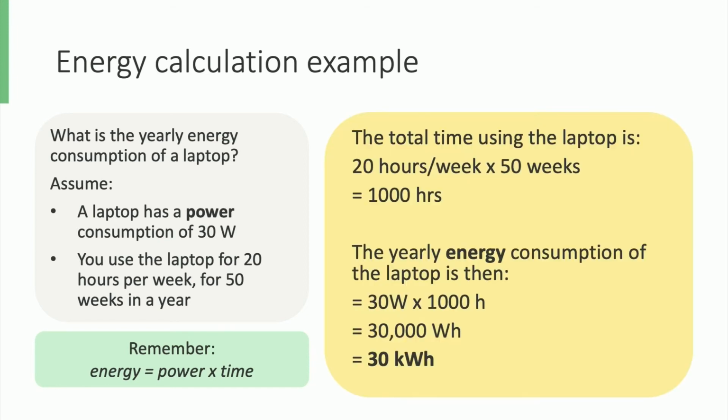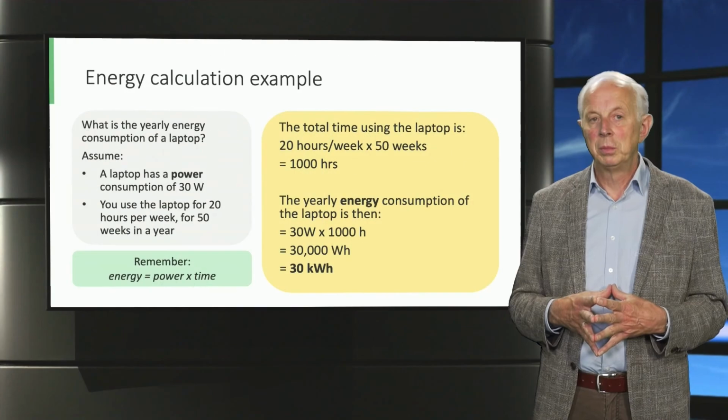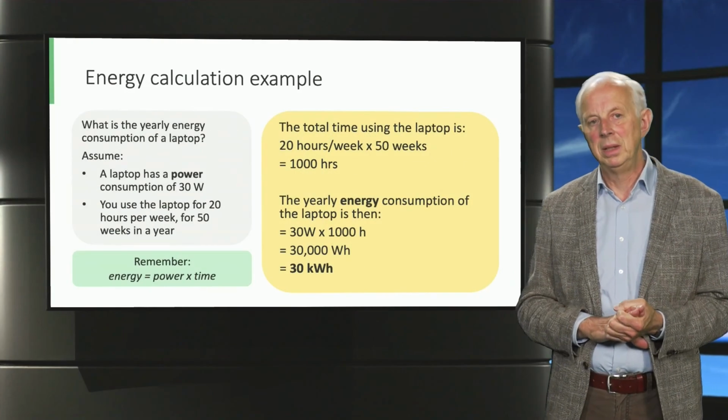In total, it is therefore used for 1,000 hours per year. From here we can simply calculate the energy consumption. 30 watts times 1,000 hours equals 30,000 watt hours or 30 kilowatt hours. From this calculation we know that a laptop adds 30 kilowatt hours to your electricity consumption and ultimately to your electricity bill each year.